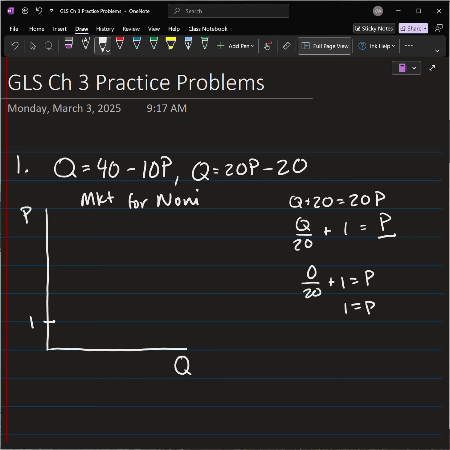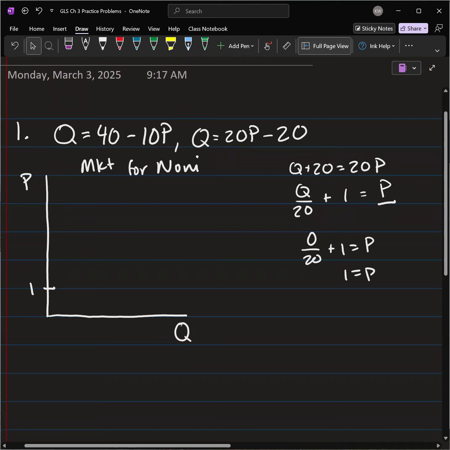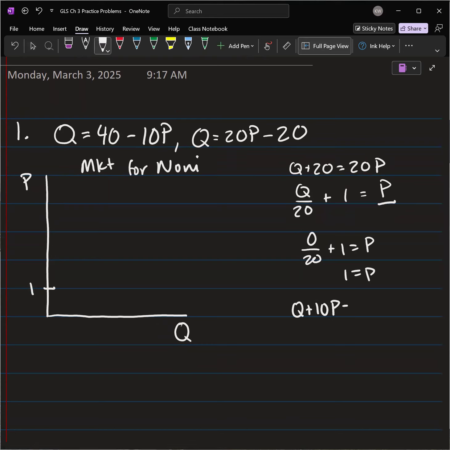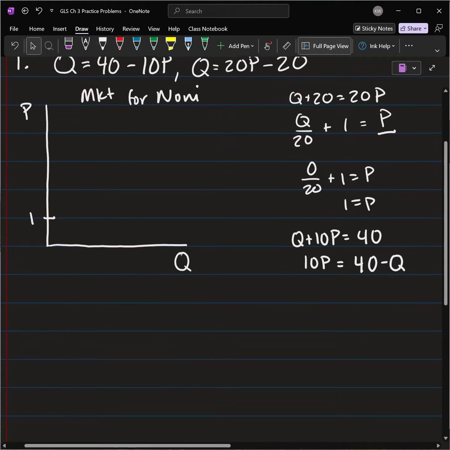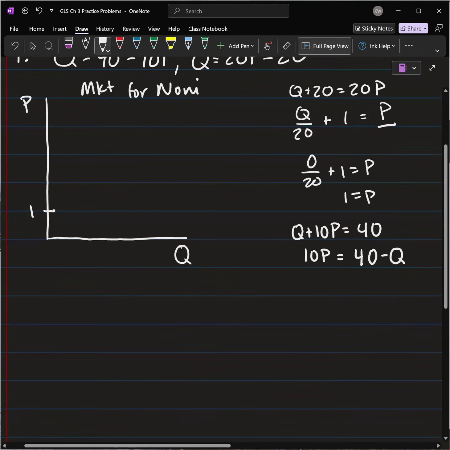Now we're going to do the same for demand. We're going to start by adding 10 times the price to both sides. So we'll get quantity plus 10 times the price equal to 40. Then we're going to subtract quantity from both sides. So we get 10 times the price equal to 40 minus quantity. Then we'll divide both sides by 10. So we'll get price equal to 4 minus quantity over 10.